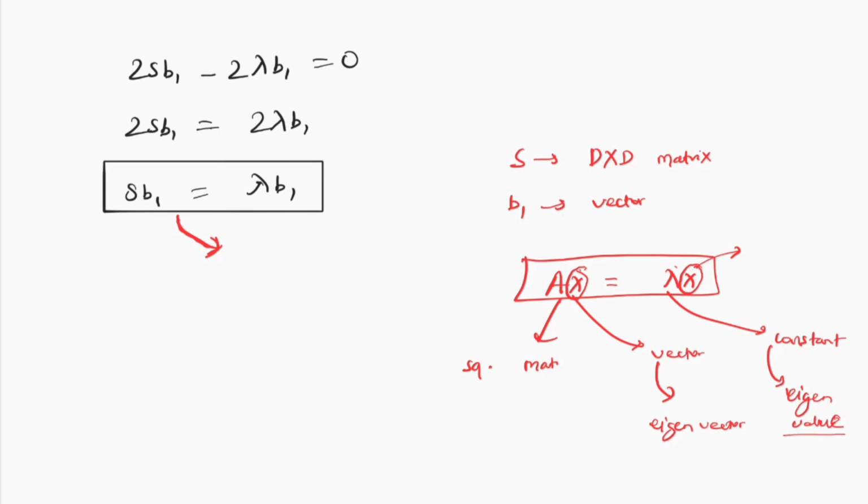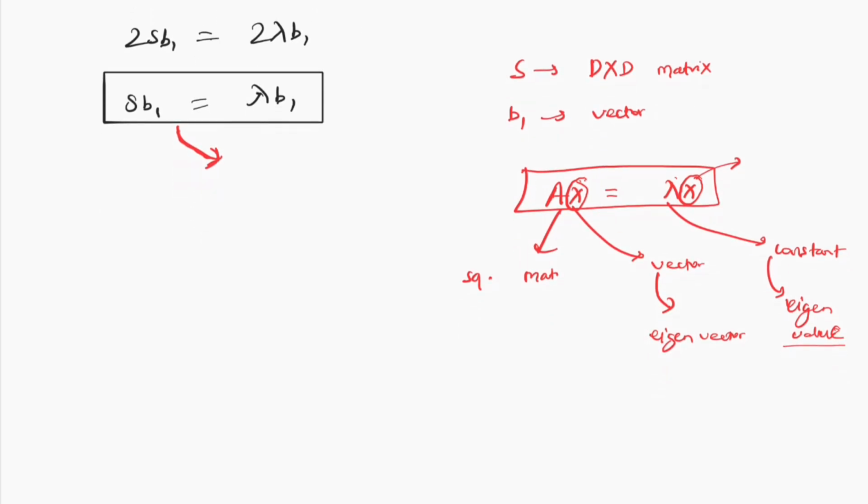So that vector is nothing but the eigenvector, and the corresponding value by which that vector's magnitude changes is the eigenvalue of that vector. So we got Sb1 is equal to lambda b1, and this suggests that b1 is nothing but the eigenvector, and this lambda is the eigenvalue corresponding to that eigenvector, because lambda is a constant.